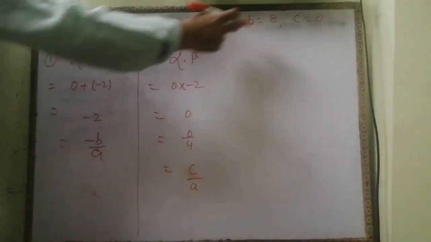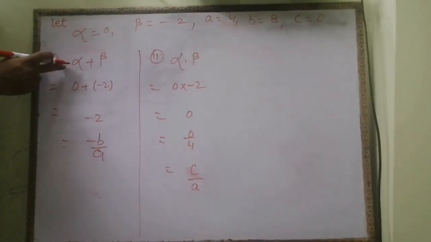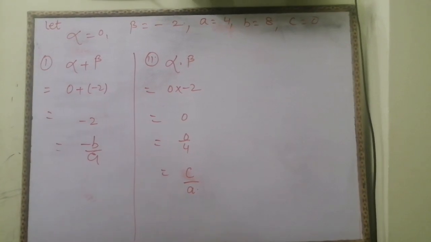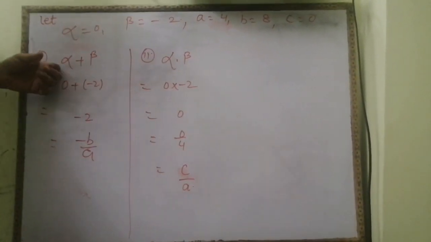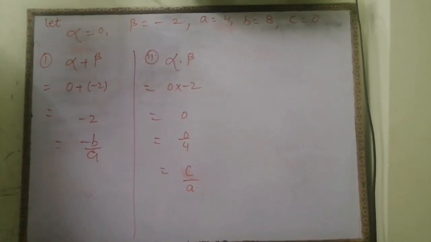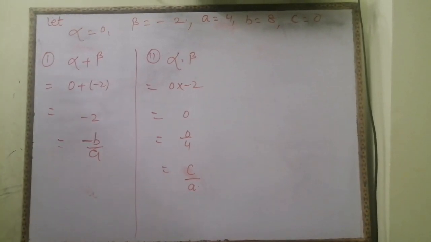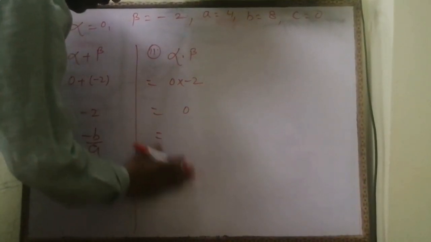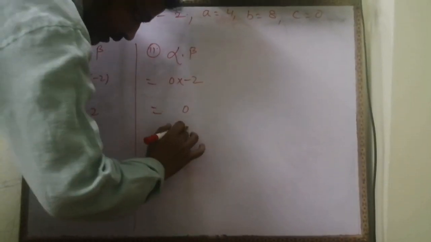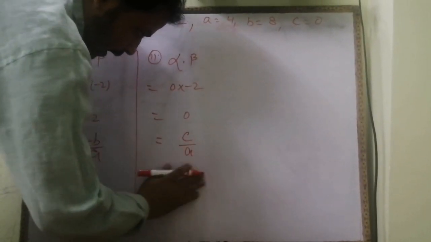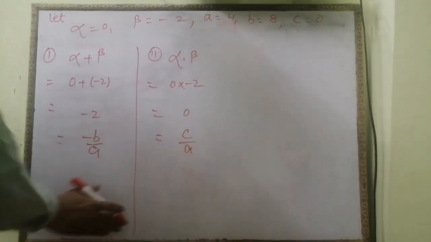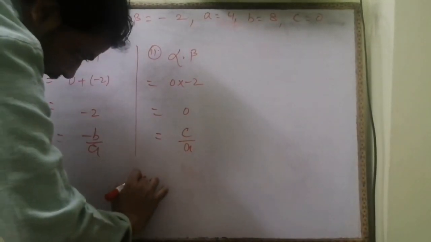As we know that alpha plus beta is equal to -b/a, the relation is established, so this will automatically become alpha plus beta is equal to -b/a in any case. And after c/a, as you know that alpha into beta is equal to c/a, you will write verified.